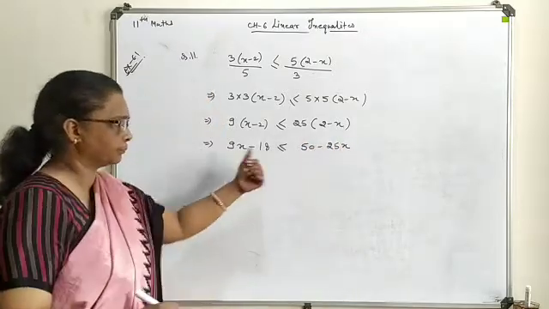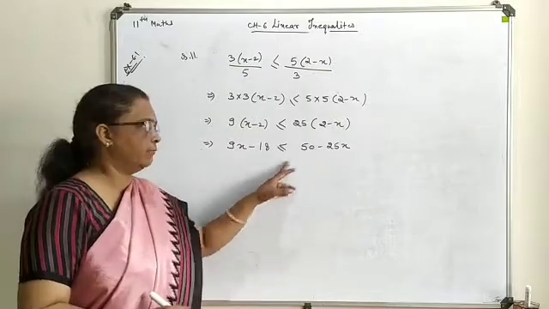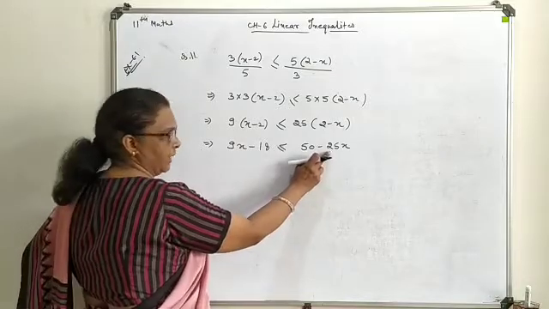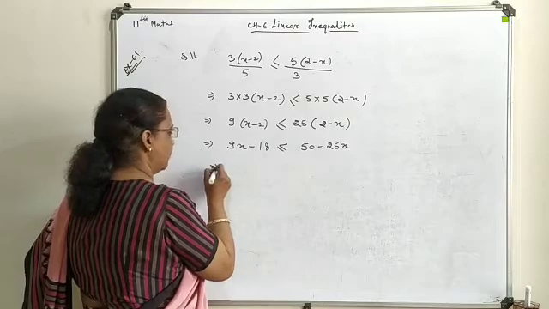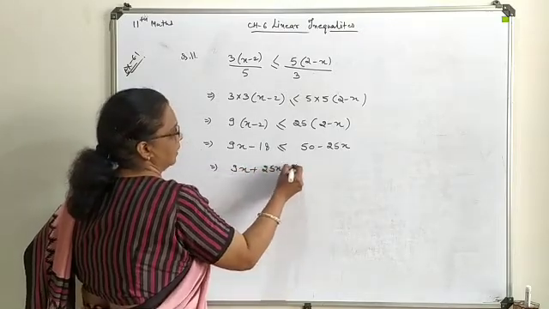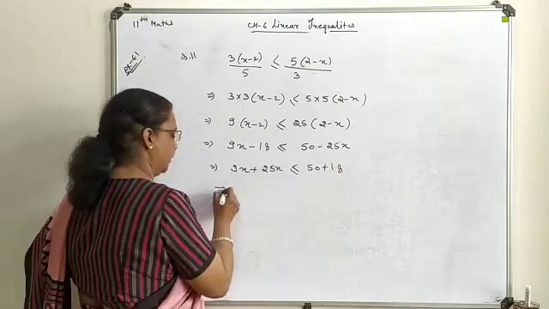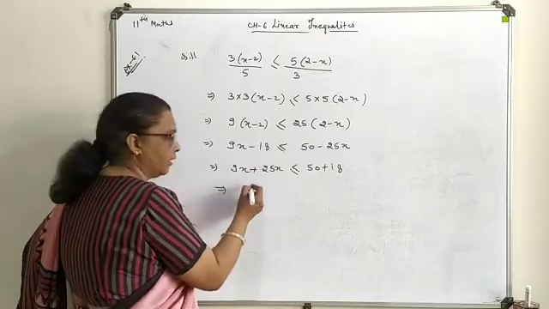Now again, shift the constant terms towards one side and the variable terms towards the other side. So here this minus 25x you shift towards this side and this 18 towards that side. So here it will be 9x plus 25x less than or equal to 50 plus 18. Make them add: 25 plus 9x will give you 34x.